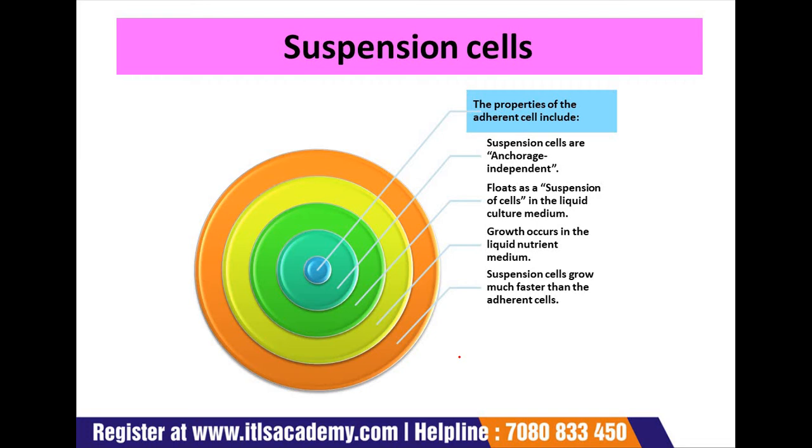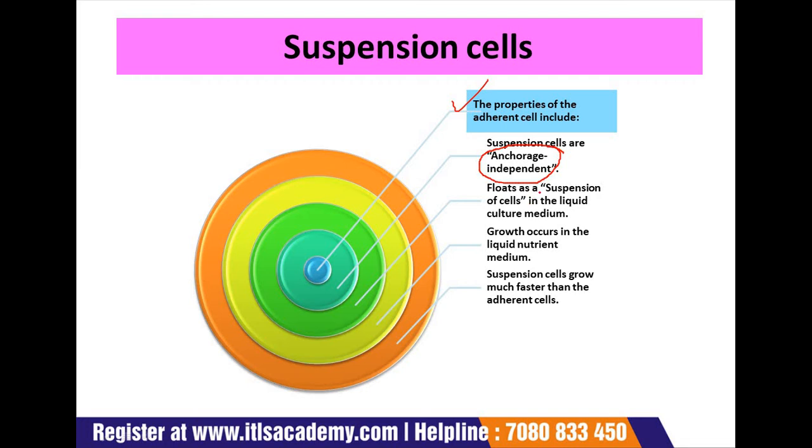Suspension cells do not adhere to the surface of the medium provided. Suspension cells are the types of cells that float as a suspension in the liquid medium. The properties of suspension cells include: first, suspension cells are anchorage independent.